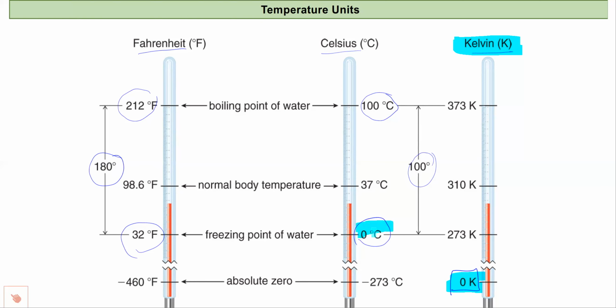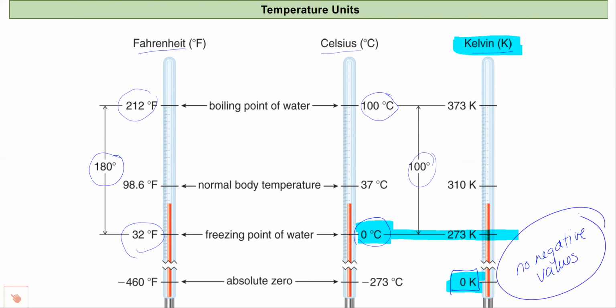And Celsius defines 0 as the point at which water freezes. On the Kelvin scale, water freezes at 273 Kelvin. So Kelvin is the same scale except the 0 is redefined, and so you have no negative values in the Kelvin scale. That is really useful when using temperature in calculations, and that's why we use the Kelvin scale so much.